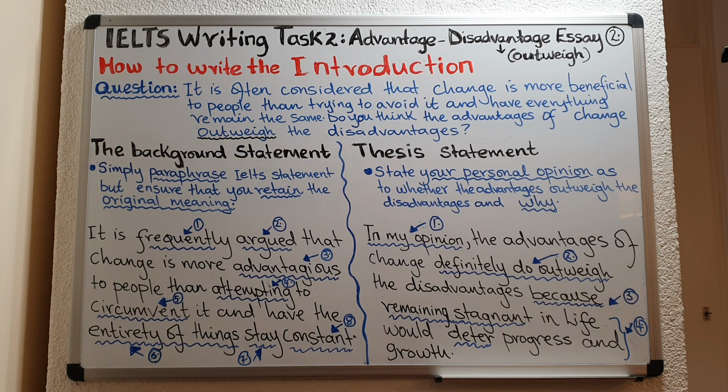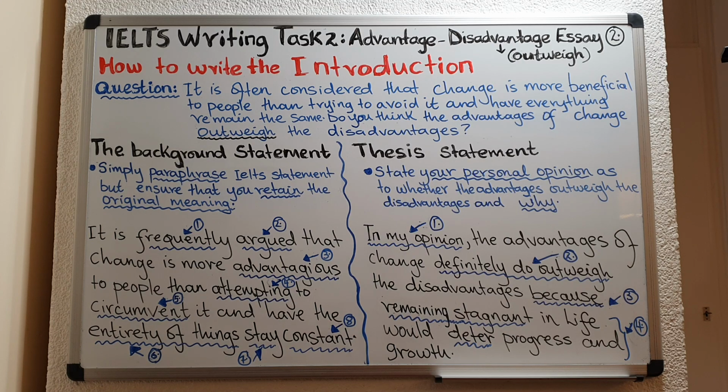And then after that, you simply need to state what your opinion is by copying the last part of the question, which is the advantages of change. So in my opinion, comma, the advantages of change definitely do outweigh the disadvantages. So I have answered the IELTS question directly there.